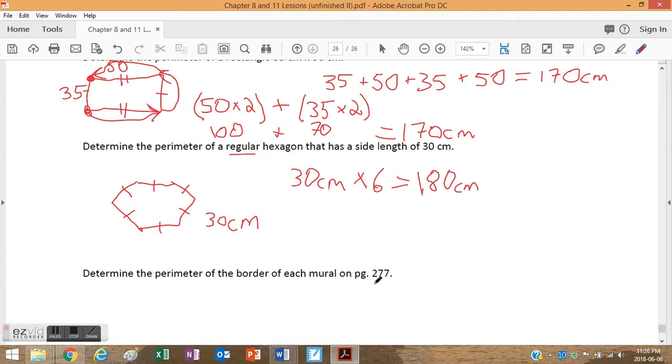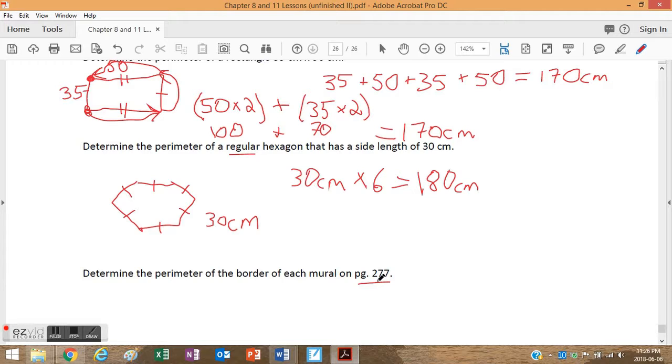Okay, your next job is to flip to page 277 in your textbook. There are 4 little mural things that they talk about there. There's one that's sort of a cross shape, one that's, well, not sort of, it is a hexagon shape, one that's a rectangle, and one that's a square.